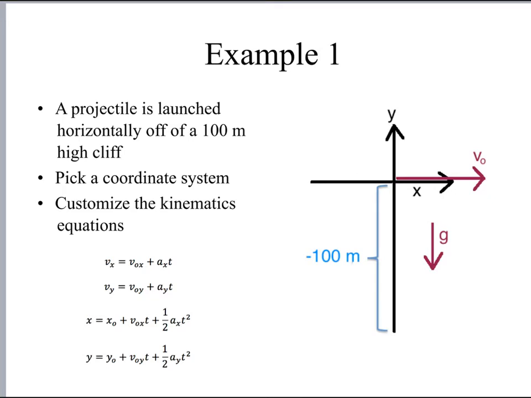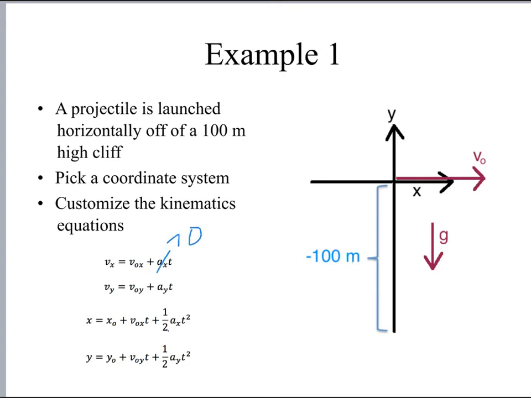And what we want to do is pick our coordinate system, and I like to pick it in the usual way. I like to put the origin of my coordinate system where the thing is launched from, because that will make x naught and y naught 0. And then I just customize them by plugging in the things that I know. So what are the things that I know? We've already talked about, we know that the x component of the acceleration is 0.